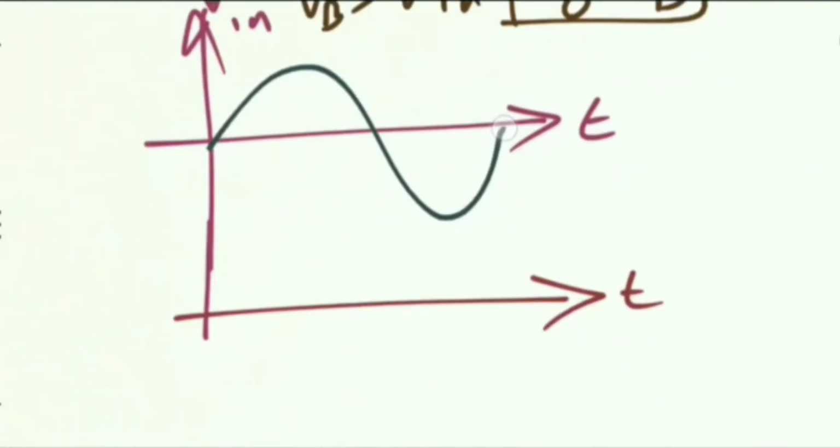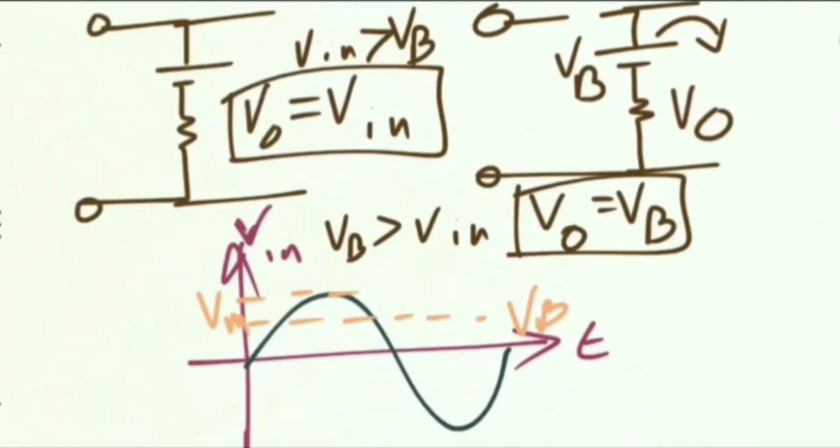This is our input signal. This is Vm, and suppose this value is for Vb. Now for Vin greater than Vb, the diode is in forward bias, and for that case Vo is following Vin, that is in this region the diode is in forward bias, and except that everywhere the diode is in reverse bias.